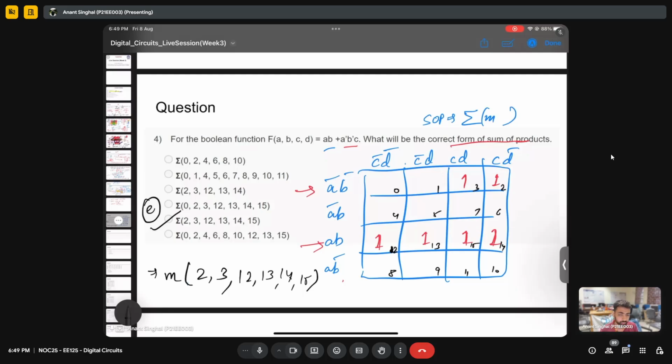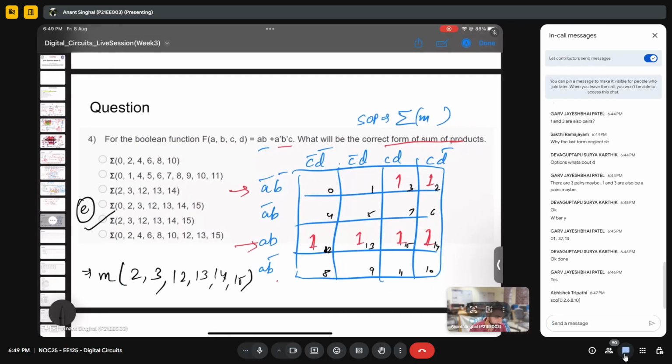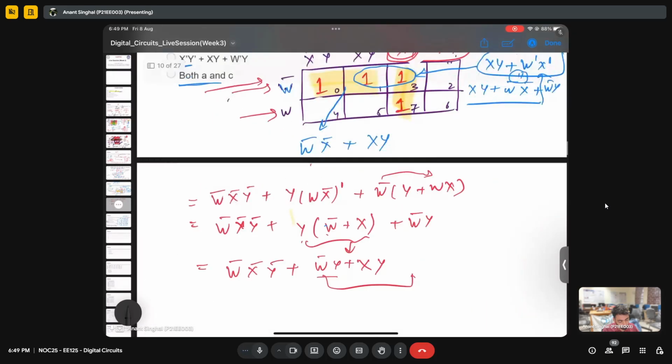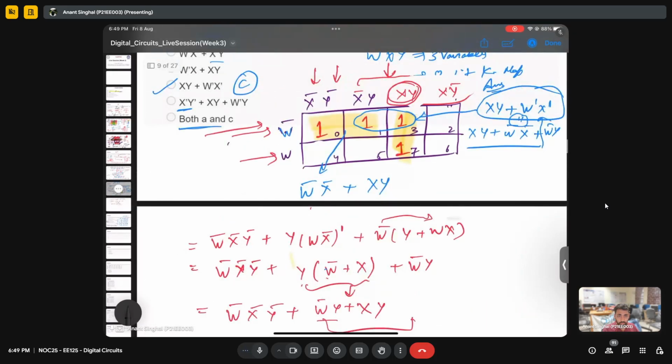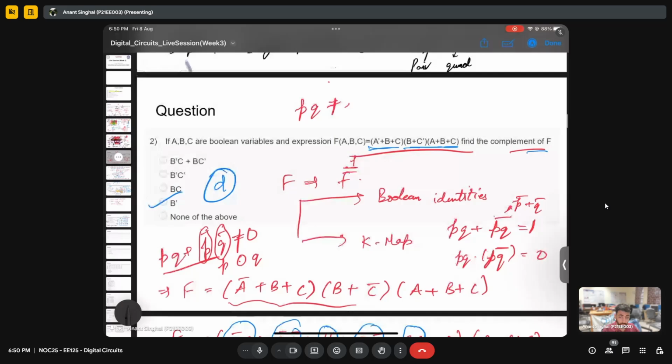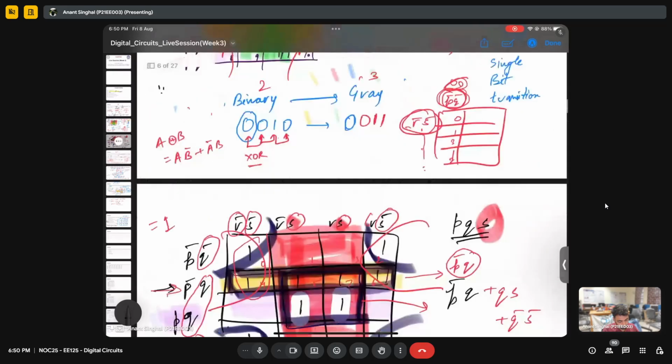Sir, unlike last time where we found the sum of products by expanding with C plus C bar, we are now using the K-map directly.